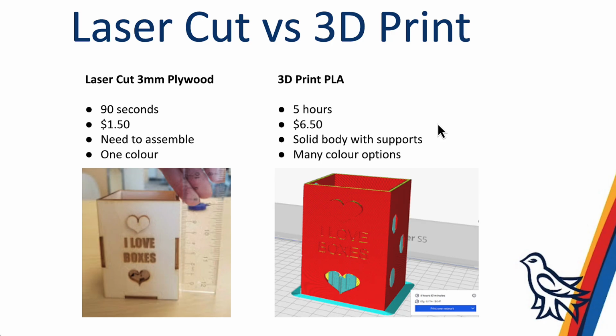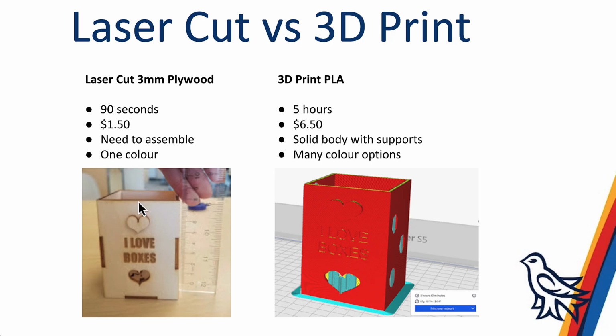Just a word about 3D printing and laser cutting. This is a 3D design that we can print on our 3D printers. It would take about 5 hours to print and cost about $6.50, which is fine. By comparison, to laser cut it in 3mm plywood, it takes 90 seconds and $1.50 in materials. You do need to assemble it, and you only have one color.